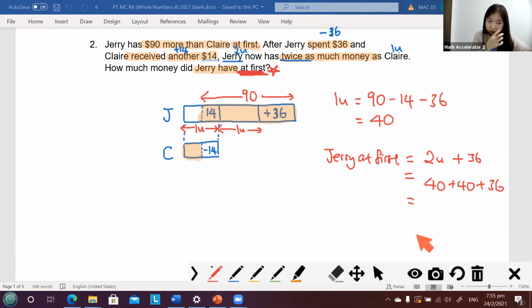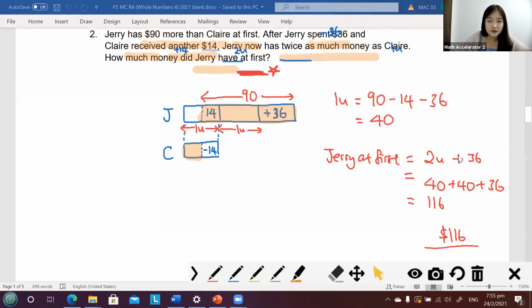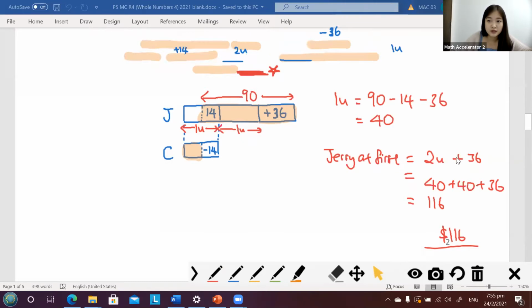What do you get for your final answer? 116. So $116, that's how much Jerry had at first. Okay, good. Let's try the next one.